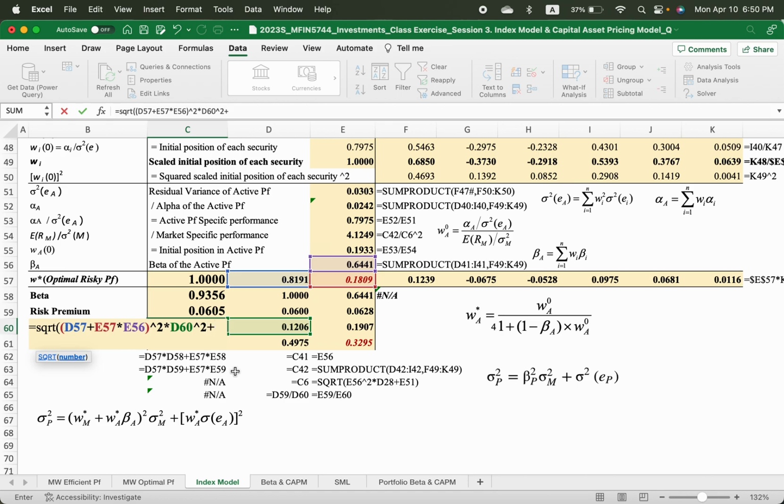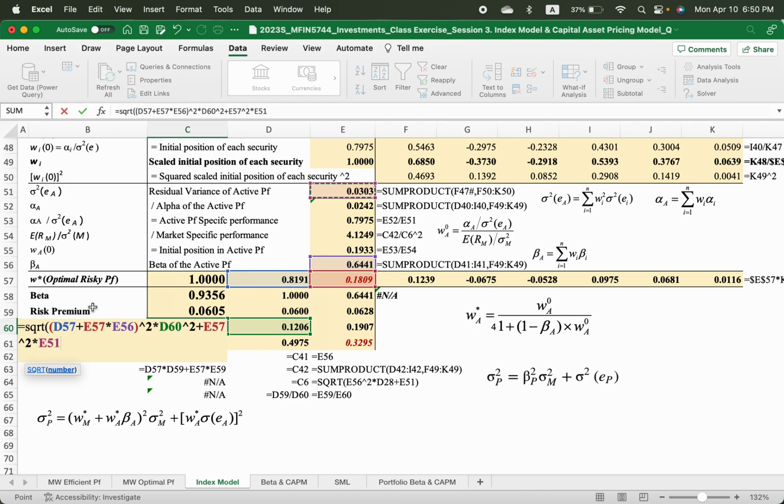And plus, let's move to the active portfolio residual part. Now the weight of the active portfolio to the power of 2, multiplied by the variance of the residuals.